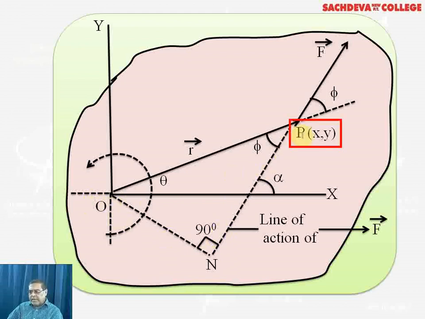The coordinates of point P are X and Y, and the other angle made by the dotted line from P and the dark line is also phi. So the two angles are vertically opposite angles, and R is the radius vector. The line of action of the force is indicated by a strong line where we have marked the F vector.